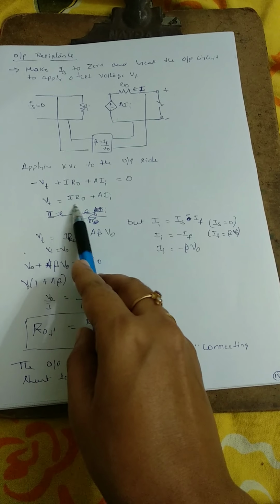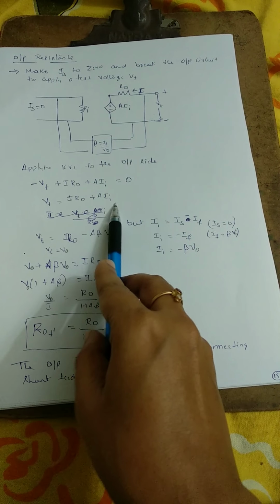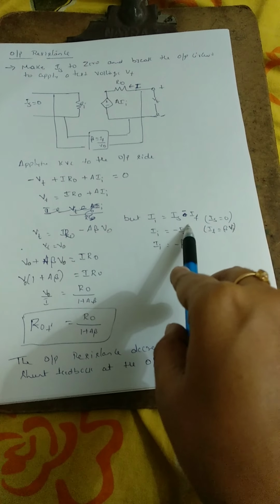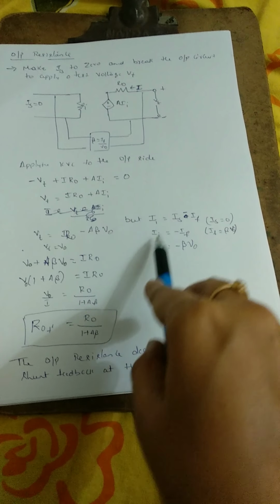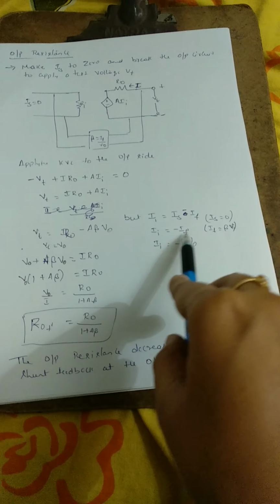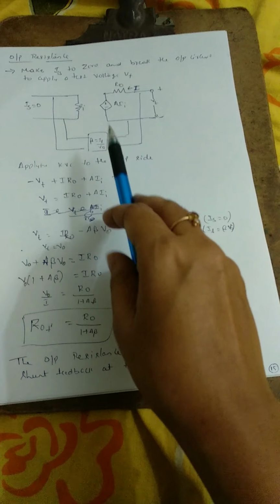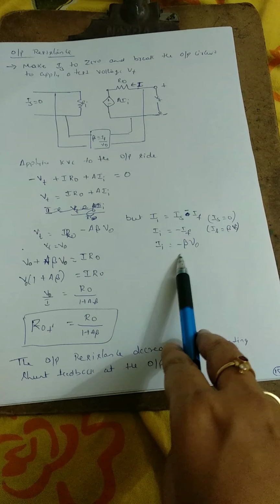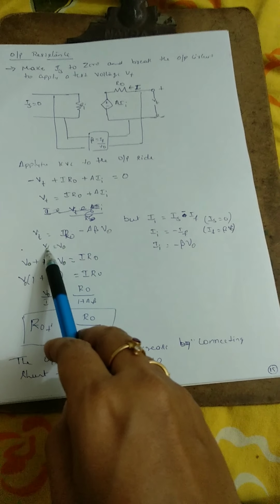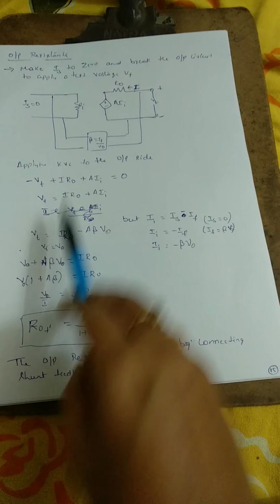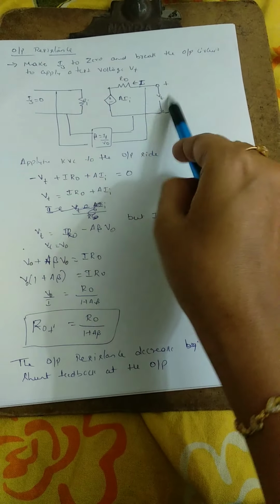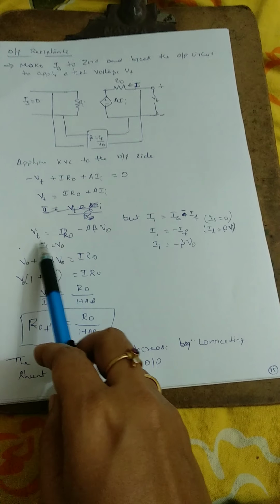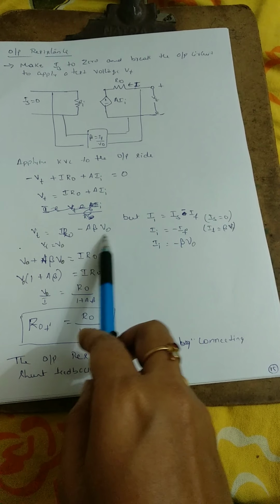So Vt is equal to I R0 plus A Ii. For Ii, we know Ii is equal to Is minus IF, but Is is 0, therefore Ii is equal to minus IF. IF is beta V0, so Ii is equal to minus beta V0. Vt is equal to V0, so Vt is equal to I R0 minus A beta V0.